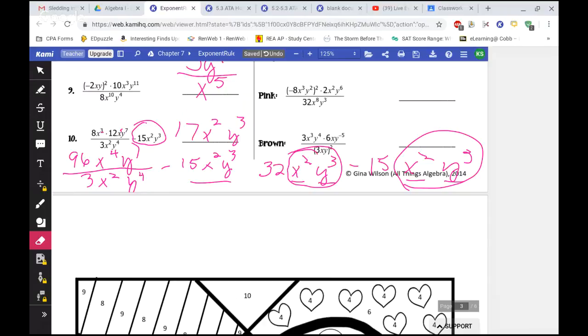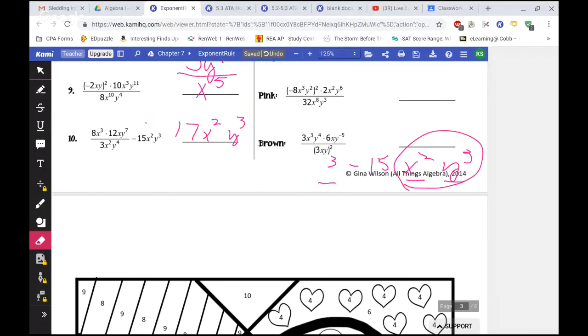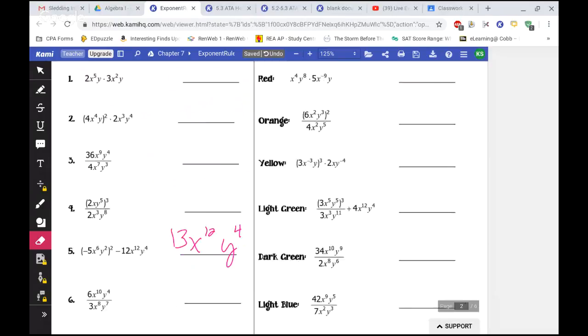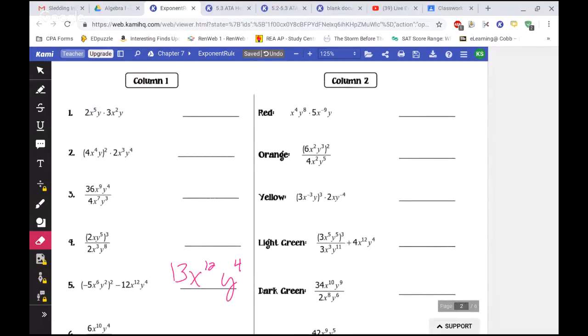Did everybody get that written down? Yes, ma'am. Any questions? Okay, let's see. What was the first color somebody mentioned? I think it was yellow. Is that right, Grayson? Was that the first color on the right side on column 2?